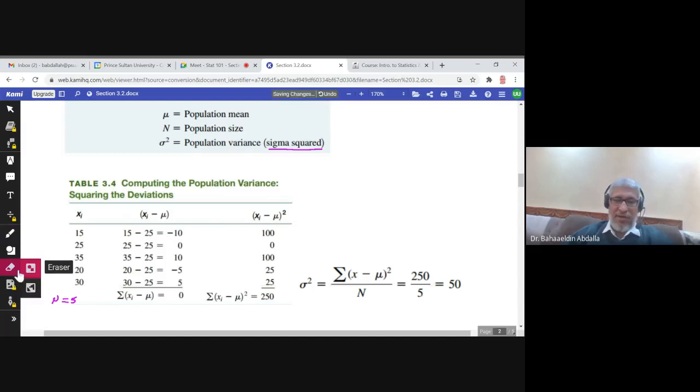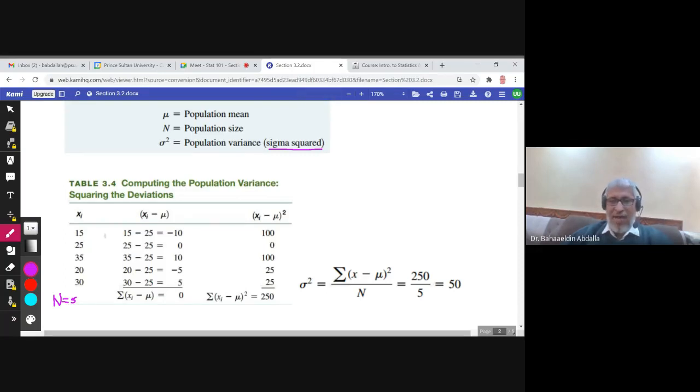You need to find the distance between these values and mu, so you need to calculate mu first. Mu is the sum of xi over 5, so it would be 25. Xi minus mu: you find the difference between 15 and 25, 25 minus 25, 35 minus 25. These are the differences, the distances.